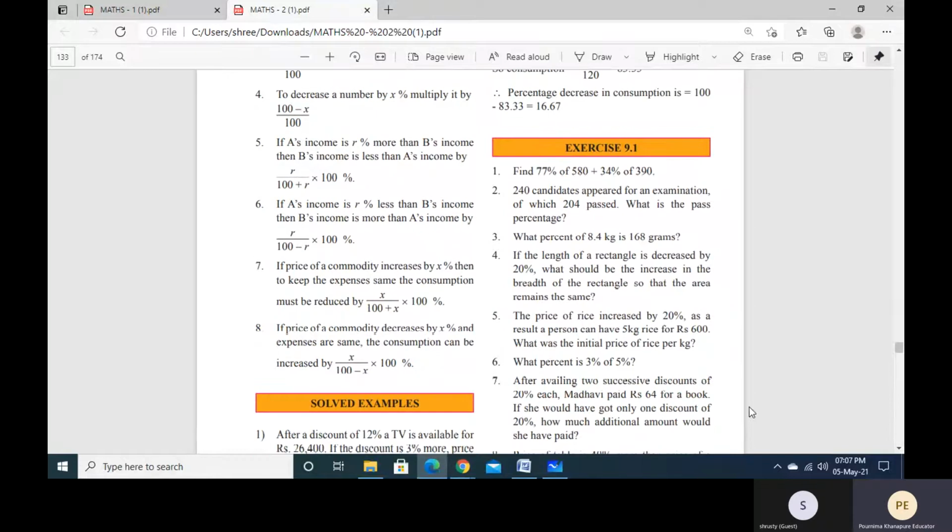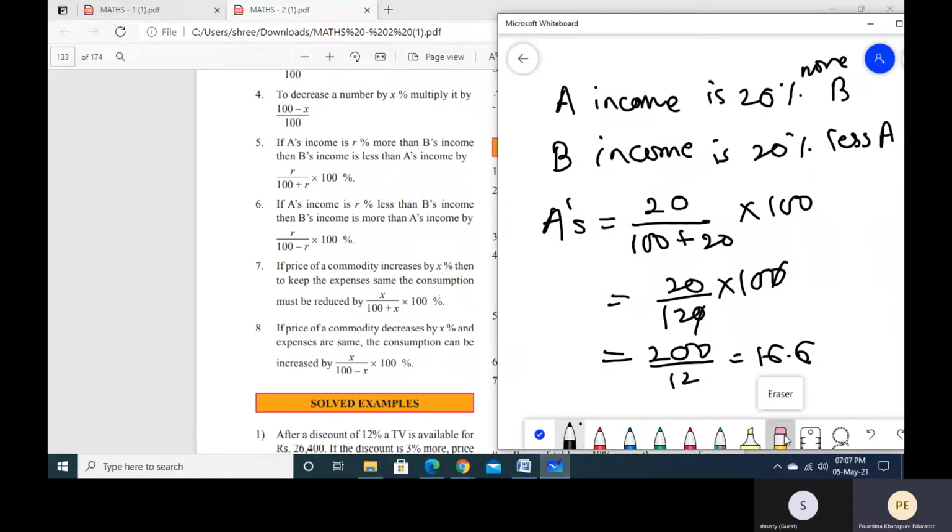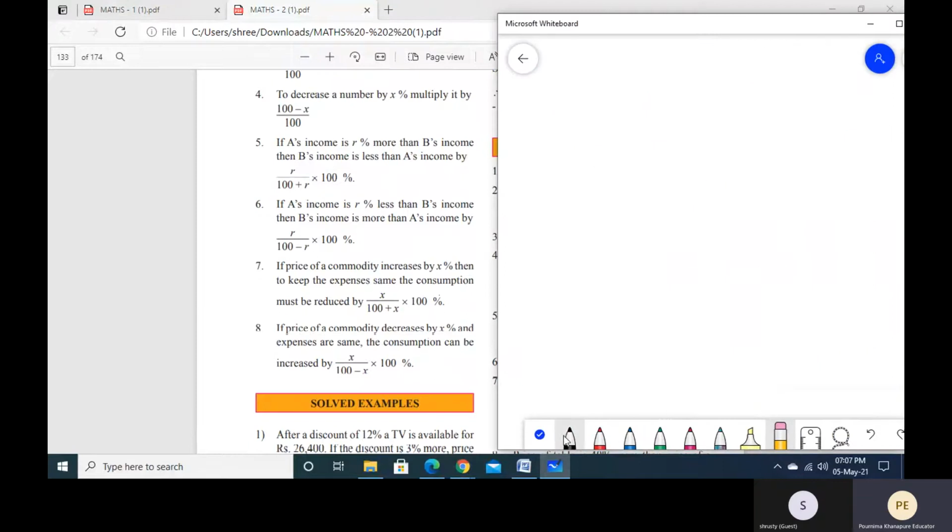Then if the price of a commodity increases by X%, then to keep the expenses same, the consumption must be reduced by X upon (100 + X). These things about consumption, I think you know better than me, right? Not better than you, but I know. Okay, so let's say the price of the commodity increases by 10%.